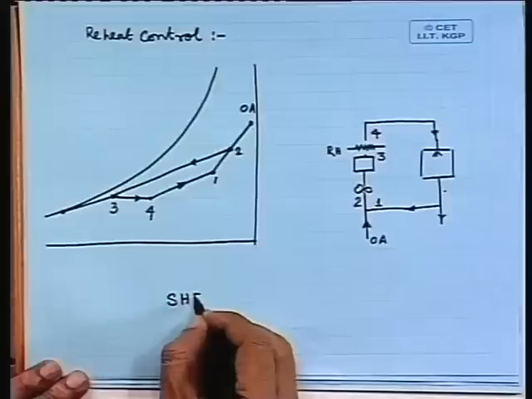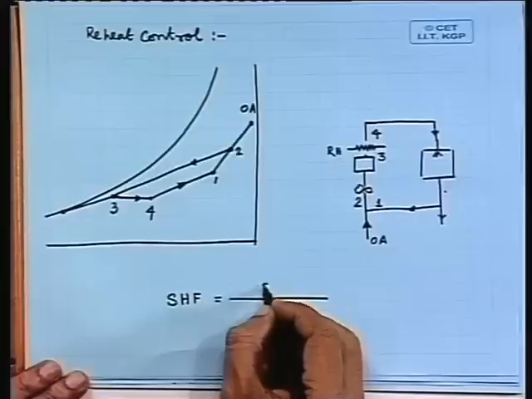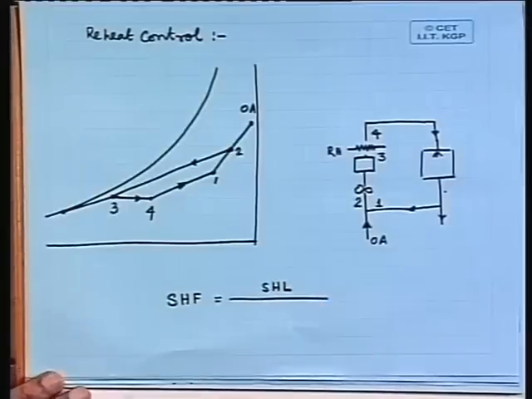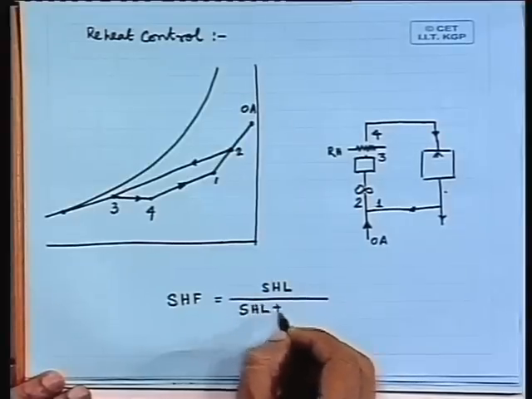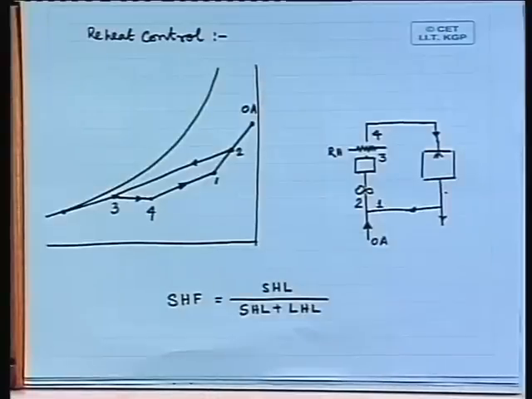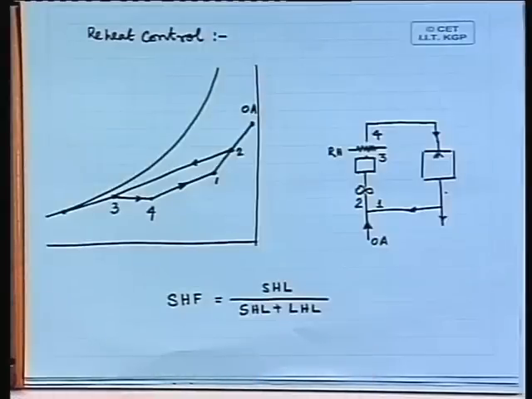So, sensible heat factor SHF is equal to sensible heat load SHL divided by sensible heat load plus latent heat load, all right. So, sometimes what happens, if the latent heat load is very high, then the sensible heat factor becomes very low.